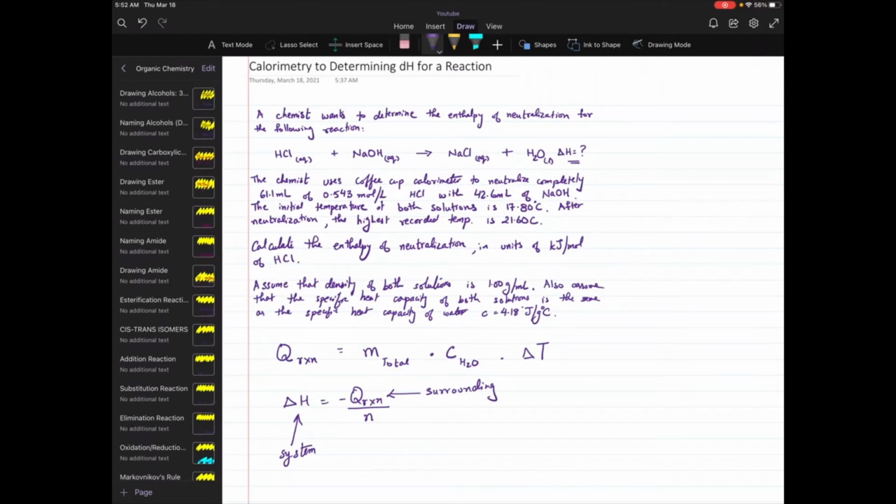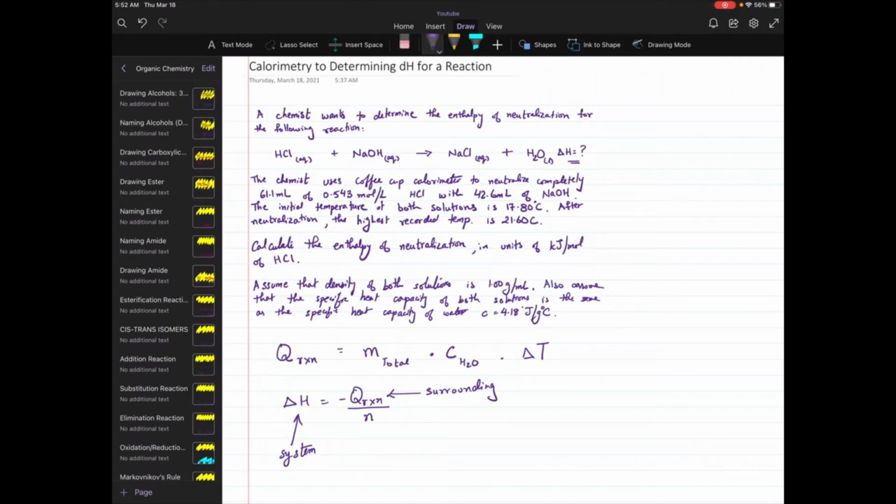So Q, or energy of the system, is opposite to the energy of the surrounding in terms of the sign, because one is losing, one is gaining, but the magnitude, the amount, is the same. So the amount of heat is the same, but the signs are different. But in this case, they want it per mole, and that's why we have to divide this value by the number of moles of HCl we used in this reaction. So I hope that was clear.